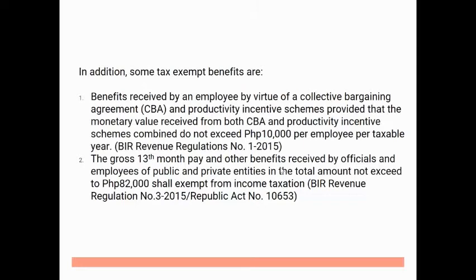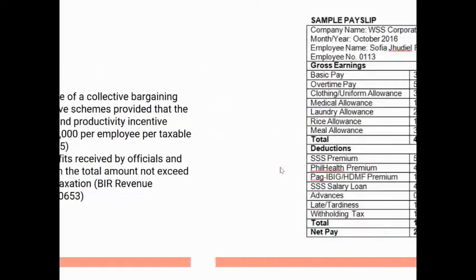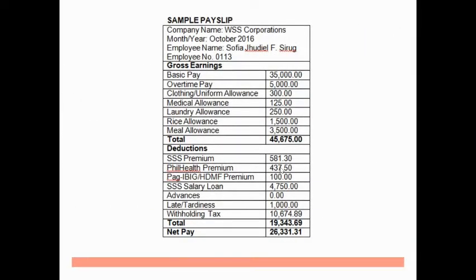So let's have an example of a pay slip of an employee which includes the different gross earnings and deductions. We have the name of the company, WSS Corporations, on October 2016. The name of the employee is Fia Judel F0 with an employee number of 0113.